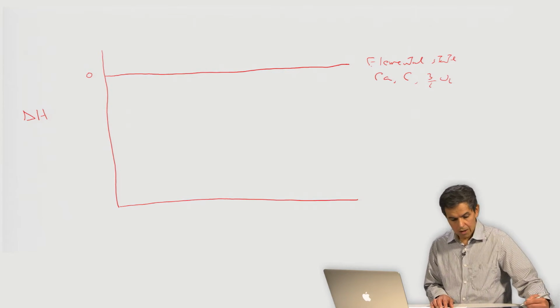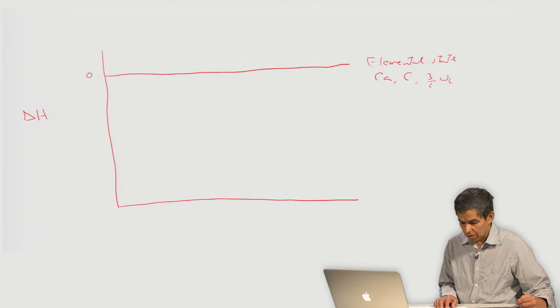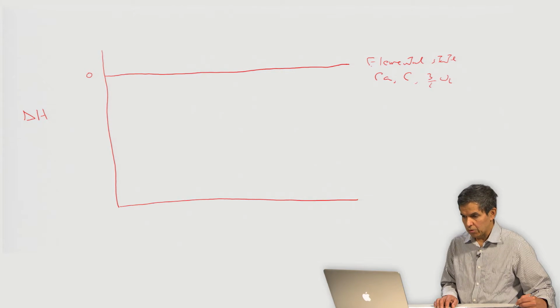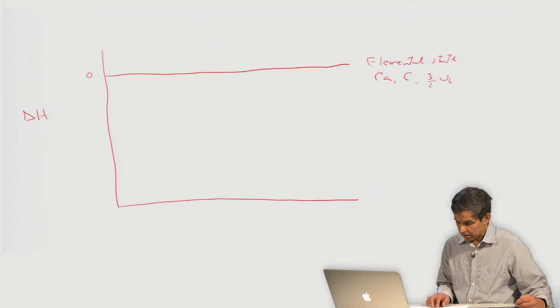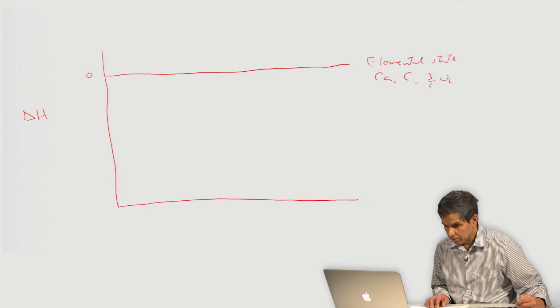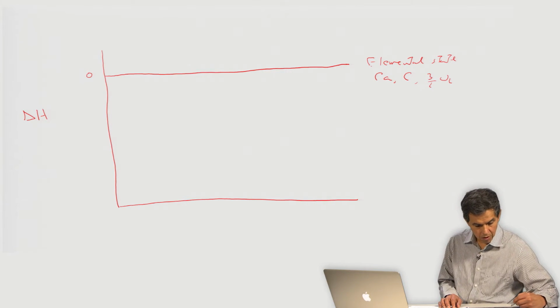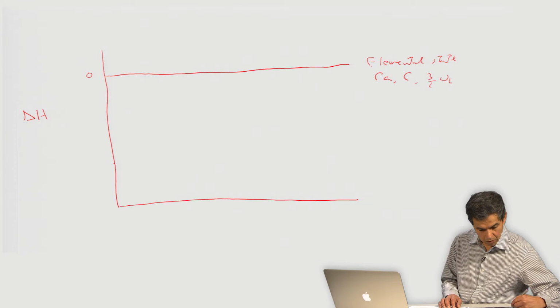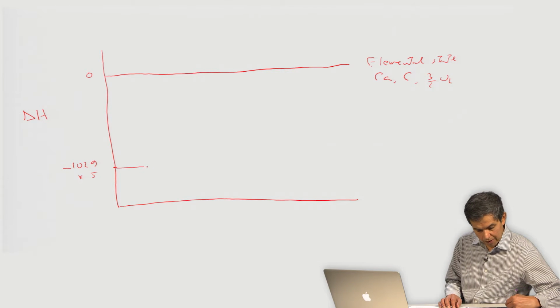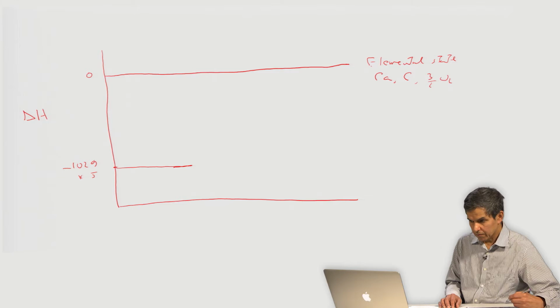Now, the delta H of formation and dissociation both were negative. We know that the delta H of formation was equivalent to minus 1029 kilojoules, and we are going to define this level as such over here.